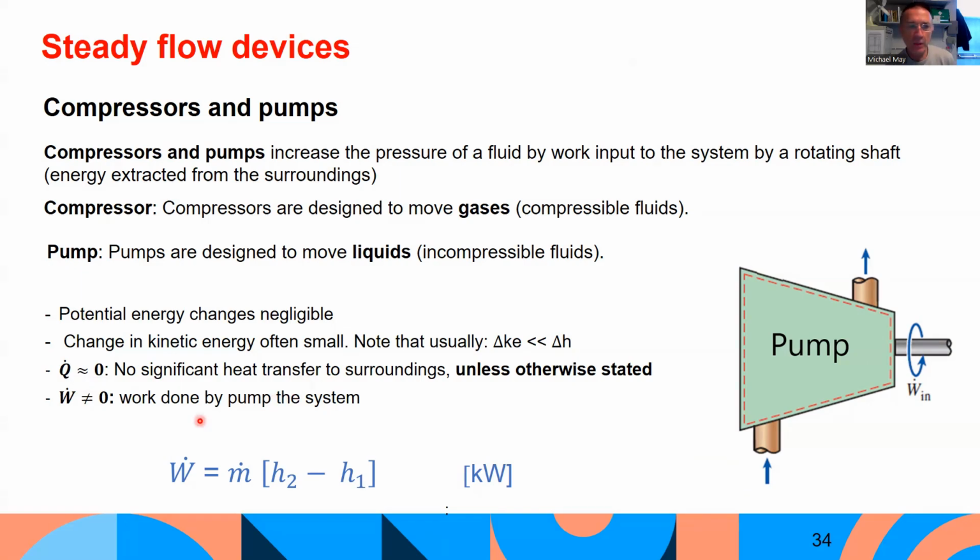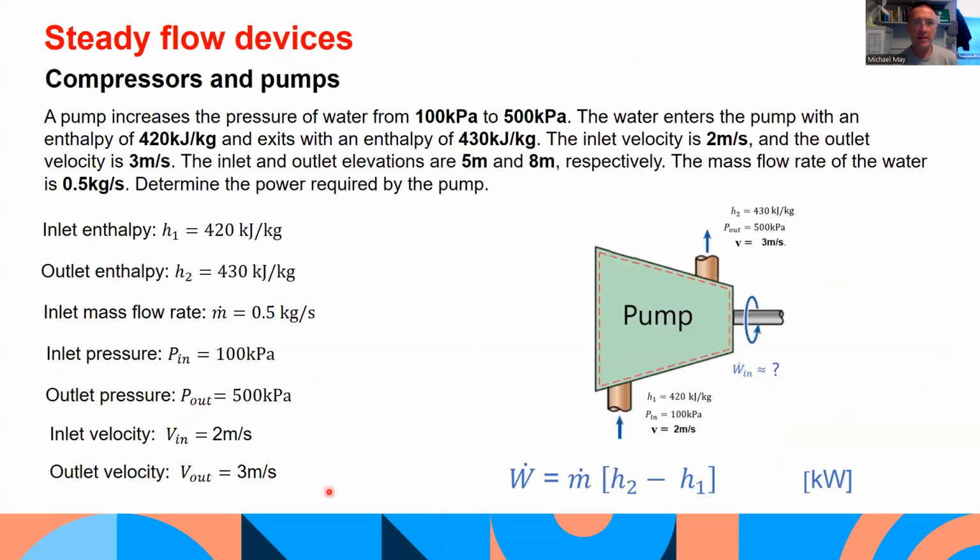And the rate of doing work is not equal to zero. So there is work being done by the pump. So the rate of doing work, which is the power, equals the mass flow rate by the change in enthalpy in kilowatts.